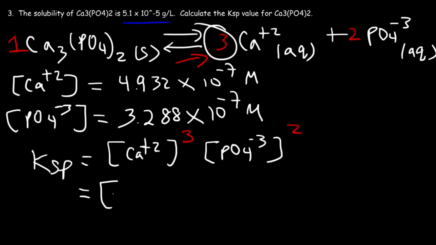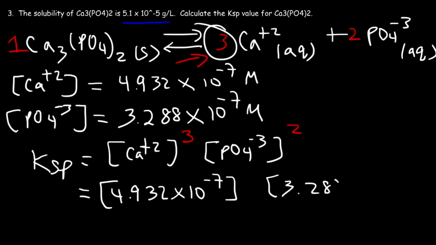So the concentration of calcium, that's 4.932 times 10 to the negative 7. And for phosphate, it's 3.288 times 10 to the negative 7. And don't forget to raise this to the third power and that to the second power. So go ahead and type in what you see in the calculator.